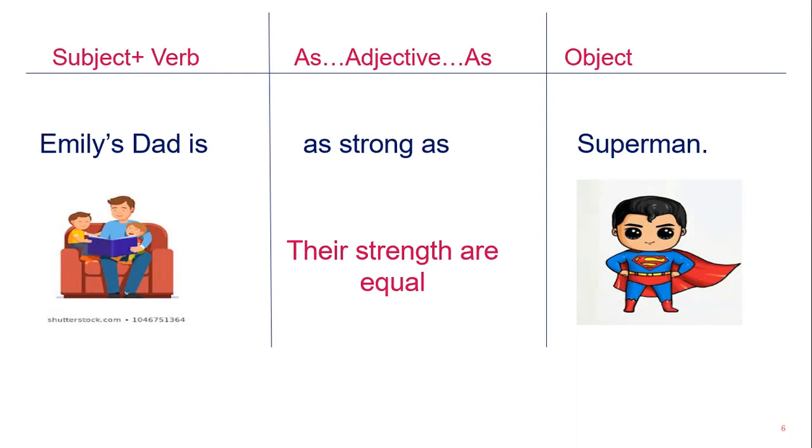Once more, Emily's dad is the subject, is is the verb, and Superman is the object. In this sentence, Emily is saying that her dad and Superman are equal in strength. Because they are equal, the truth of this sentence is not affected if we switch the order, so you could say Superman is as strong as Emily's dad, but the sense of this sentence would be a little bit different.